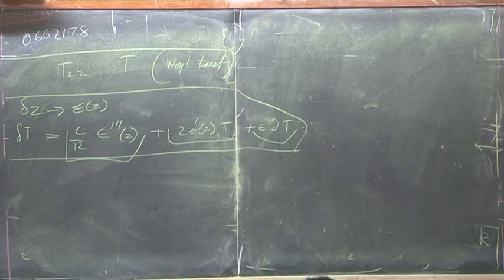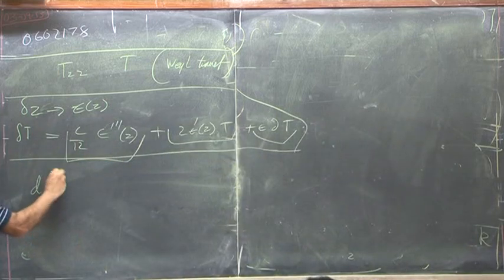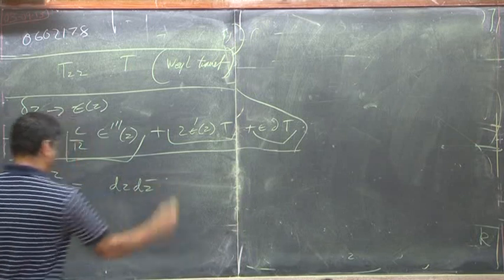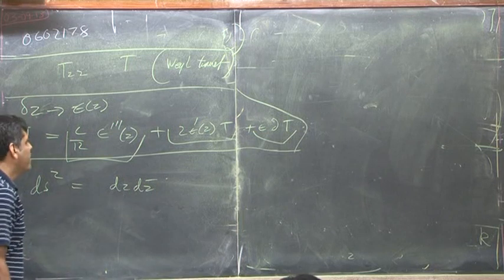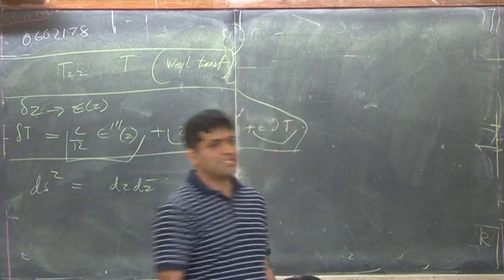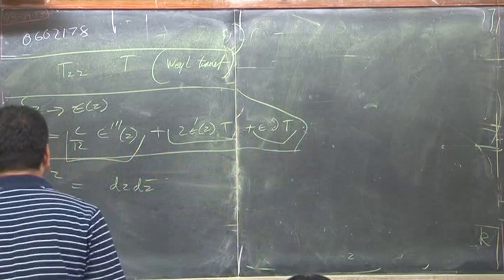Now, suppose we have the metric, which was ds squared equal to dz dz bar. And we do the coordinate change, z goes to z plus epsilon. How does the metric change?